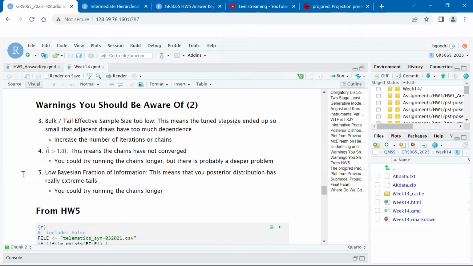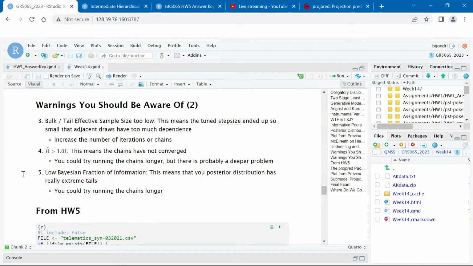Another warning that you'll sometimes see is that the bulk or tail effective sample size is too low. In that situation, there's positive autocorrelation on some of the dimensions that's too high, and so the effective sample size is low and not great for making inferences.